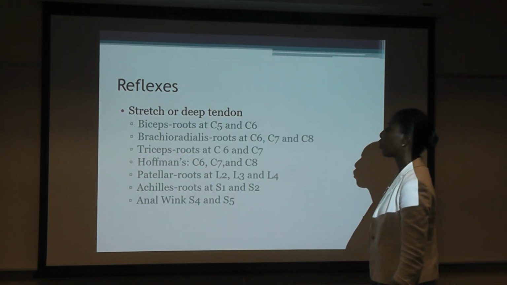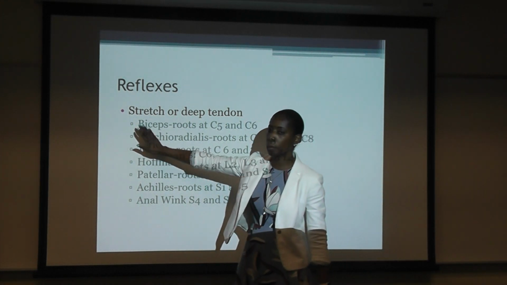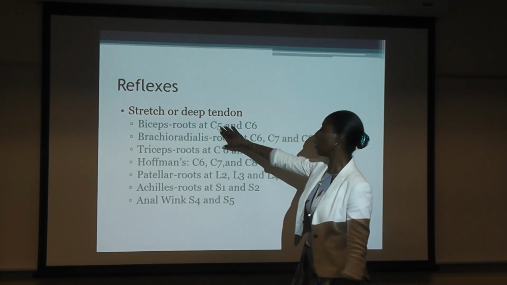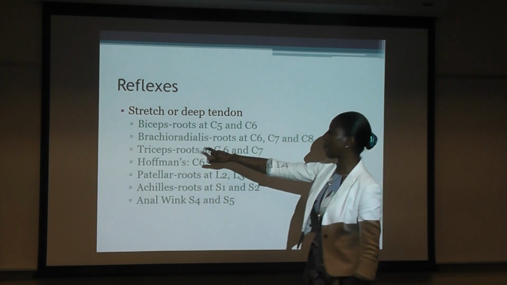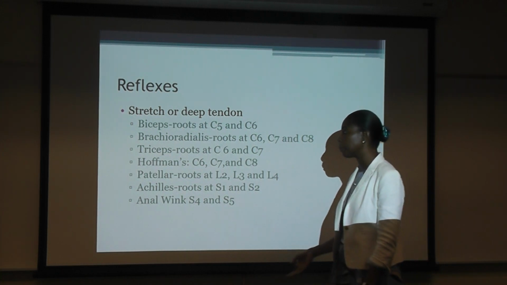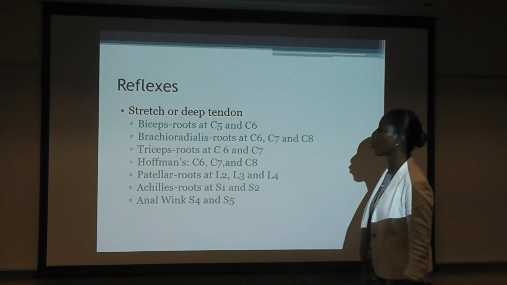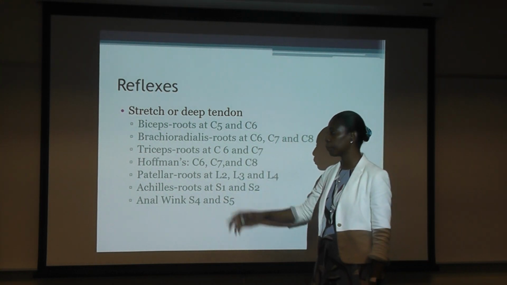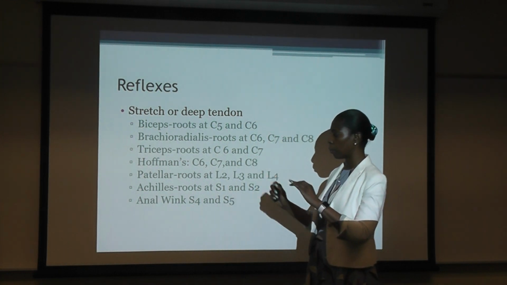Okay, so which reflex is going to be implicated with what? Your bicep, if you have an absent bicep reflex, either the C5 or C6 nerve root is being compressed. If you have an absent brachioradialis, it could be C6, C7, or C8. You have an absent tricep, it's usually C6 or C7. Hoffman's, I didn't have it on the other slide, but it can be.